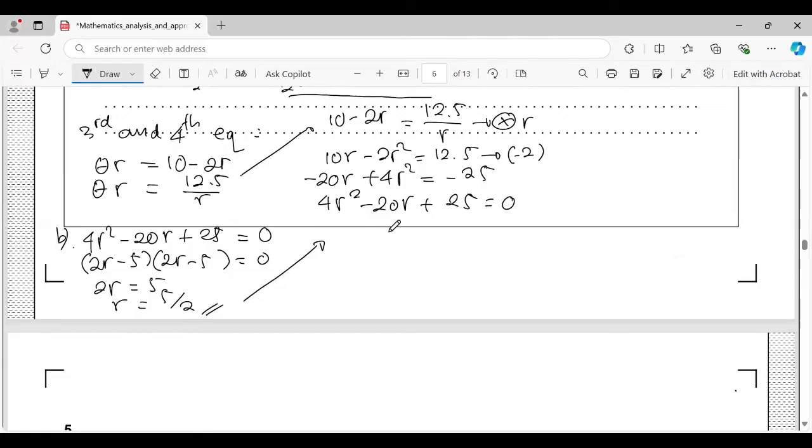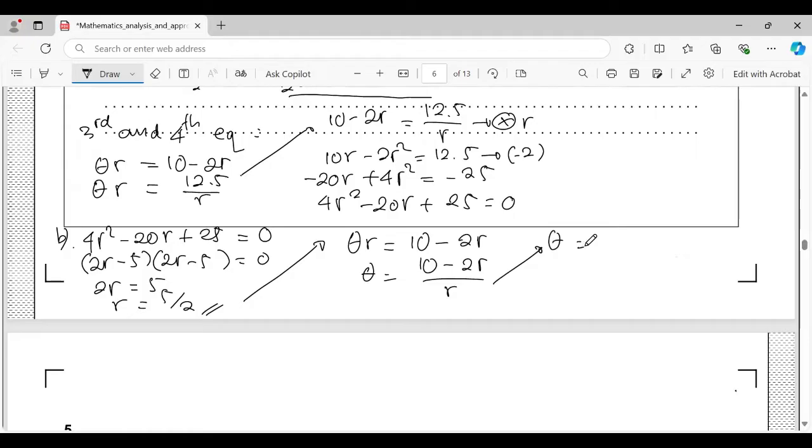Now, we're going to calculate theta. Theta r equals 10 minus 2r, so theta equals 10 minus 2r over r.